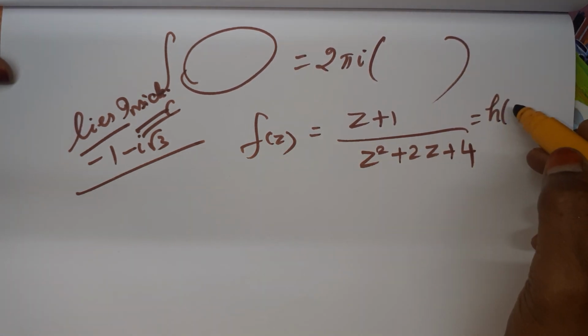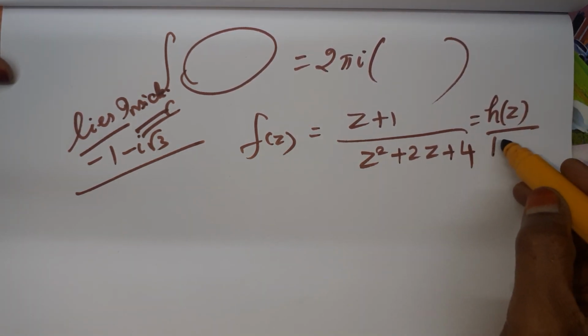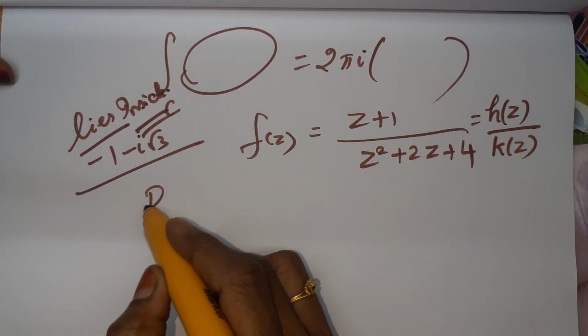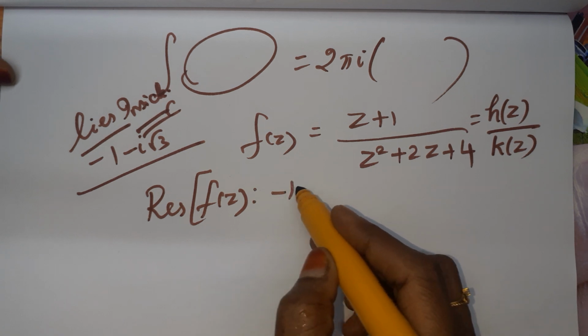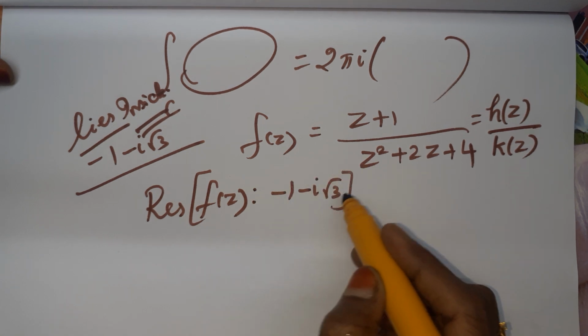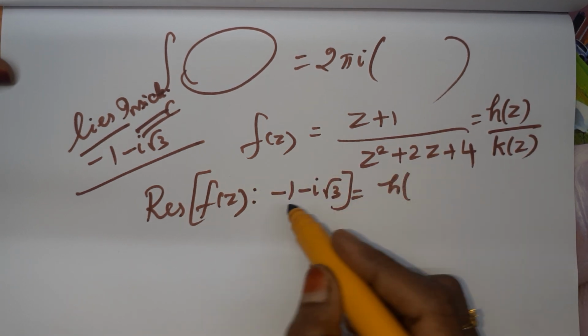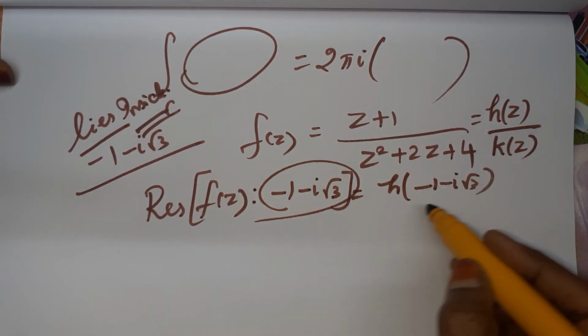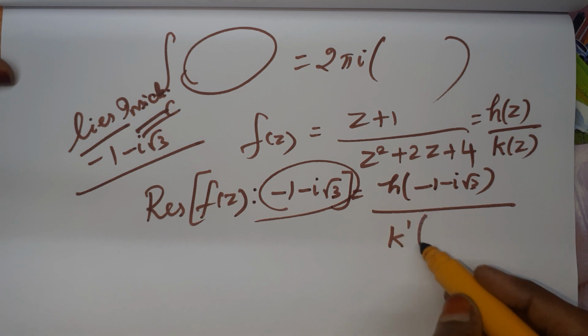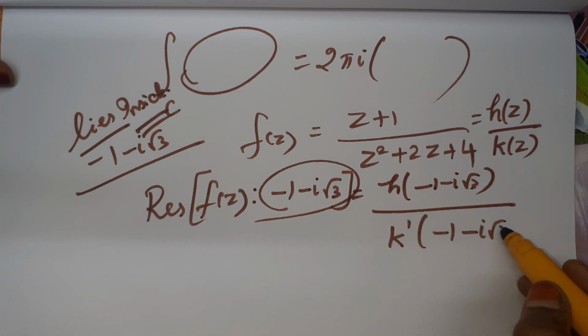We are going to use this method, h of z by k of z. What is the residue formula? Residue of f of z at the pole minus 1 minus i root 3 is equal to h of minus 1 minus i root 3 by k dash of minus 1 minus i root 3.